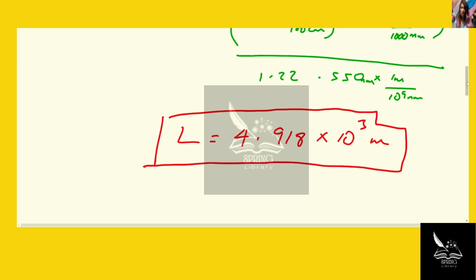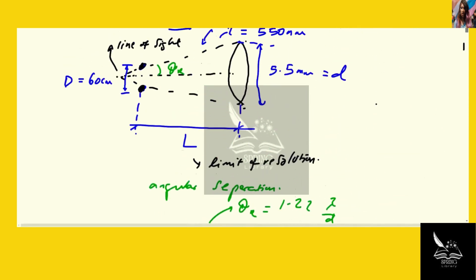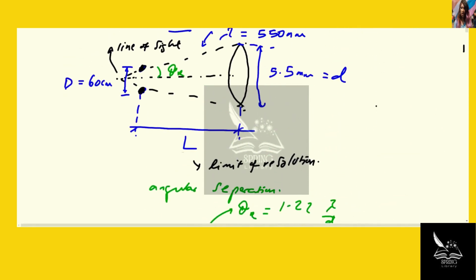So once again, just a quick recap. We did have a problem where we were given the lambda. That's the wavelength of light. Our eye is right here, which is this line of sight perpendicular to these two flowers, and we're supposed to find the gap between our eye and the flowers. The gap between the two flowers is 60 centimeters, and the diameter of our eye is 5.5 millimeters.